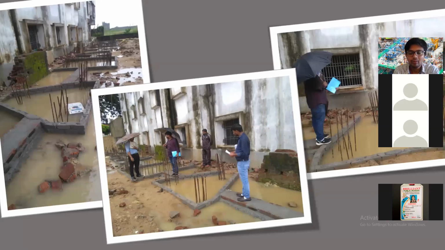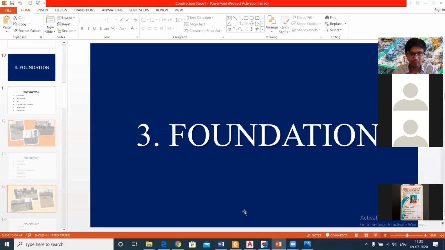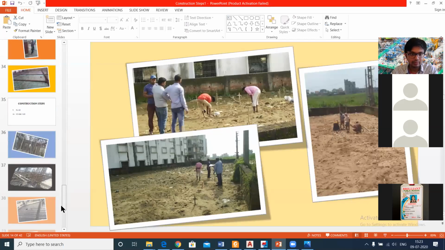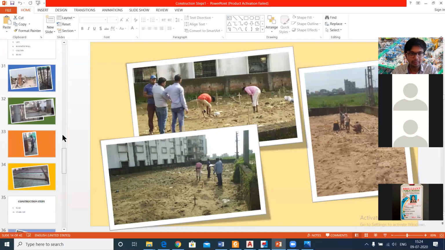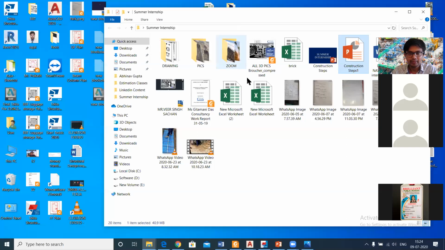Before that, we'll discuss what the use of sand filling is, and why sand filling is done and not filling using any other material. As you can see in this particular site, I can zoom out and show you.